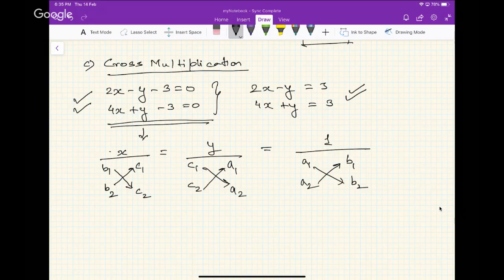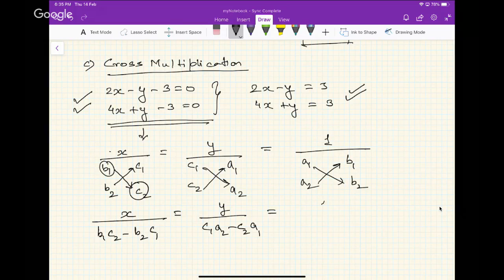Okay, and then you can write this as x upon top left bottom right, so it will go in this direction. Top left to bottom right, you have to multiply. So you will get b1 c2 minus b2 c1, and this is equal to y, again same thing, top left bottom right, so c1 a2 minus c2 a1, and this is equal to 1 upon a1 b2 minus a2 b1.